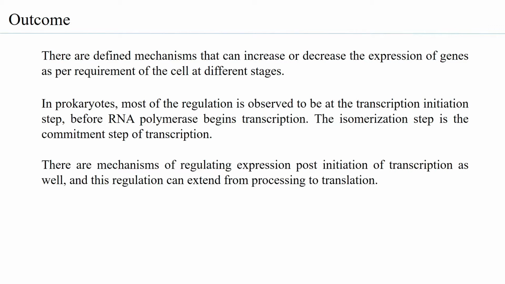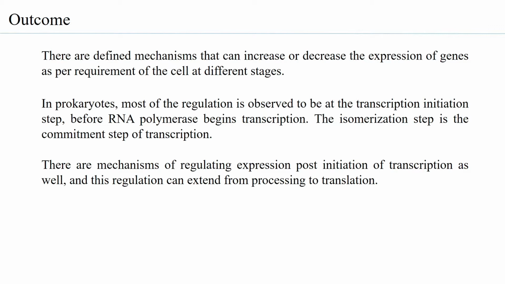There are mechanisms of regulating expression post initiation of transcription as well, which means that the transcription has already begun, but immediately after the transcription has begun, it can be regulated to ensure that the expression is to be continued or to ensure that it is stopped.